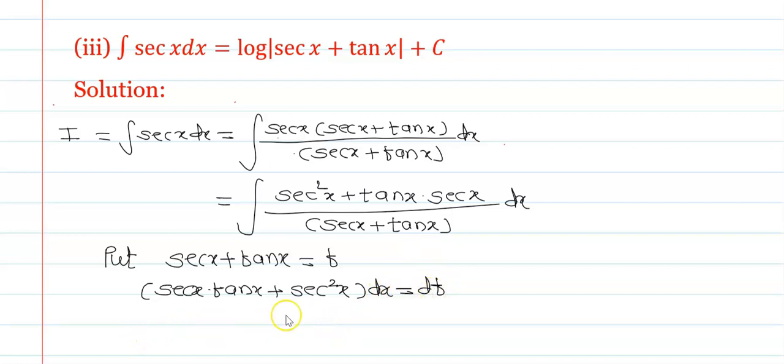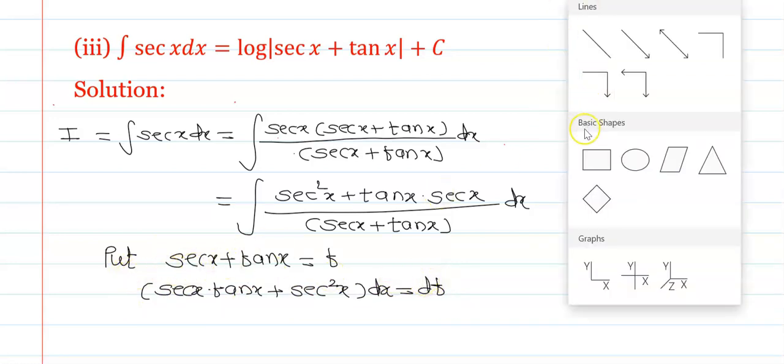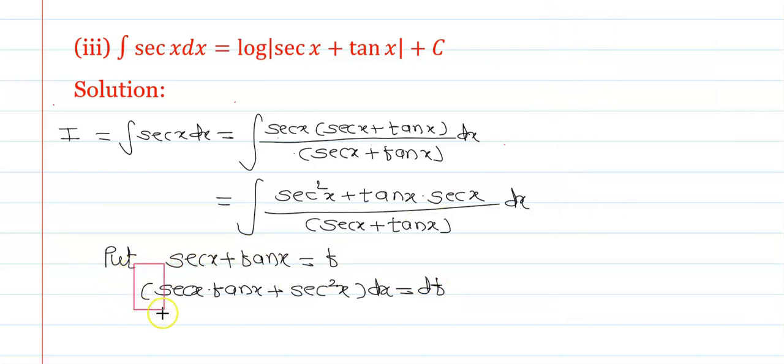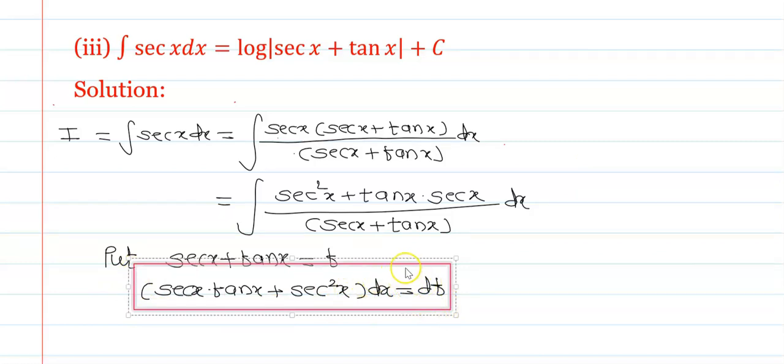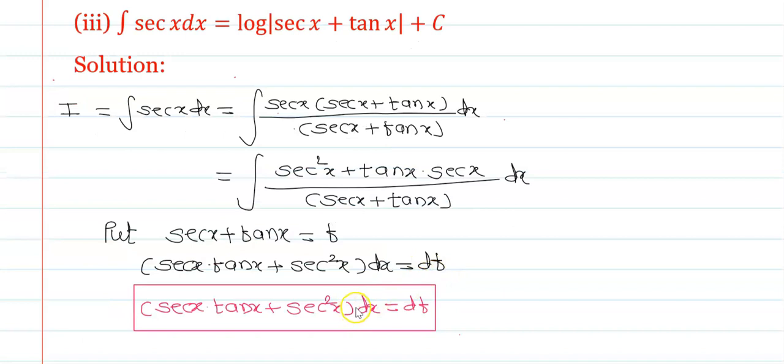This is important. Therefore, our integral changes to I is equal to integral of the value of sec square x plus tan x into sec x into dx, that whole is equal to dt upon t. Now what is the integral of 1 upon t?